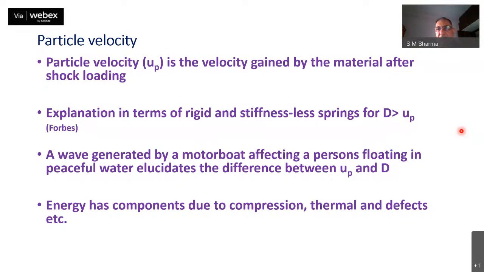So the shock velocity will be the distance plus the diameter divided by time, while the particle velocity will be the movement of the center of the particle over that period of time. So these two extreme conditions show that shock velocity is either greater than or equal to UP, and for most materials, it's greater than UP.